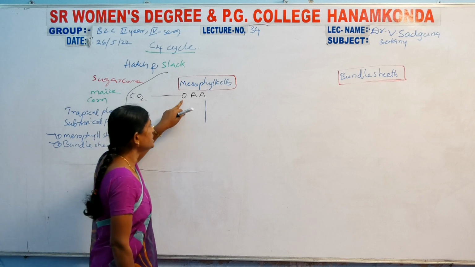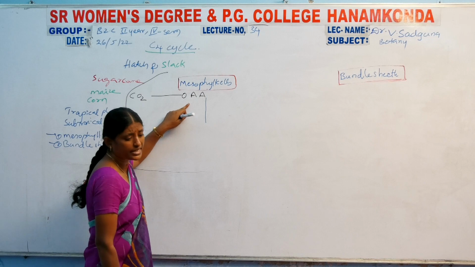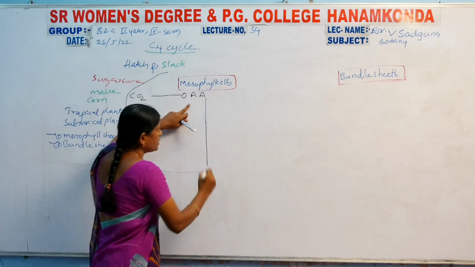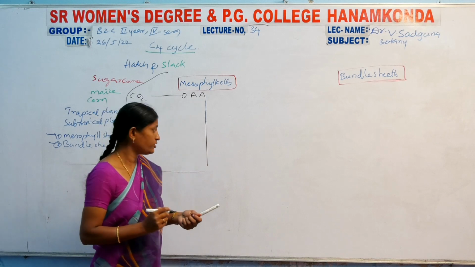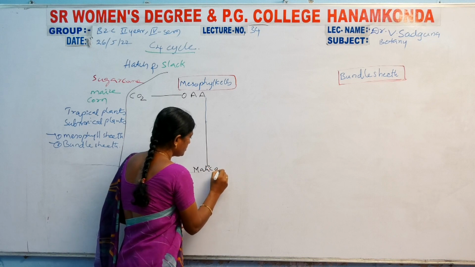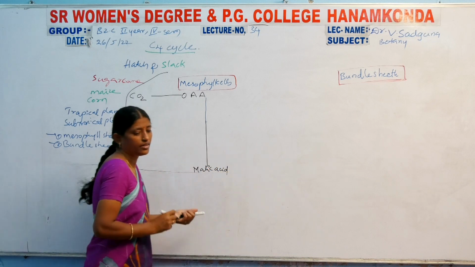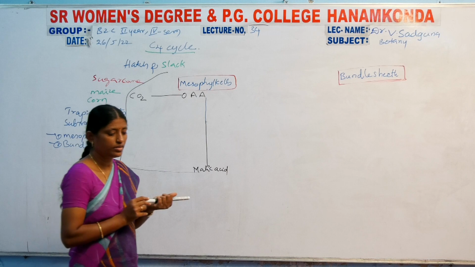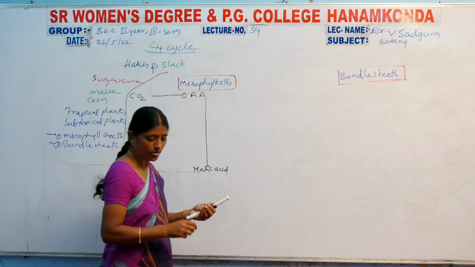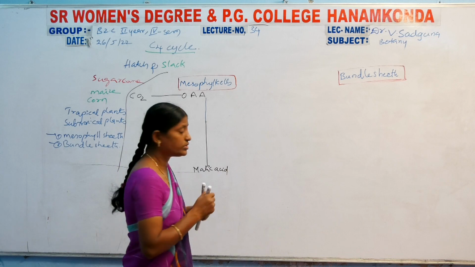So first of all, oxaloacetic acid gives malic acid. Okay. Then the enzyme is malic dehydrogenase; the conversion happens in the presence of malic dehydrogenase enzyme.